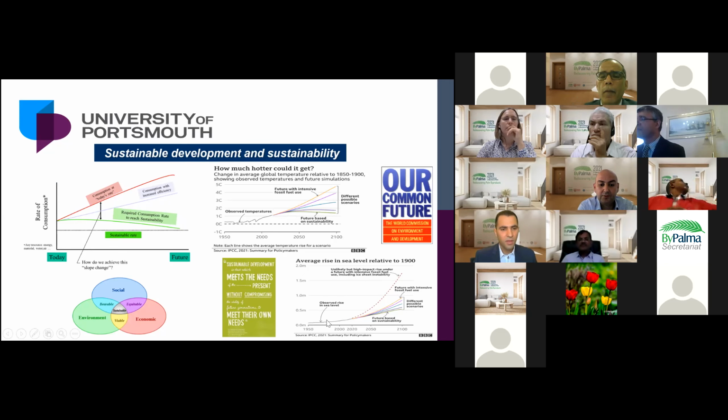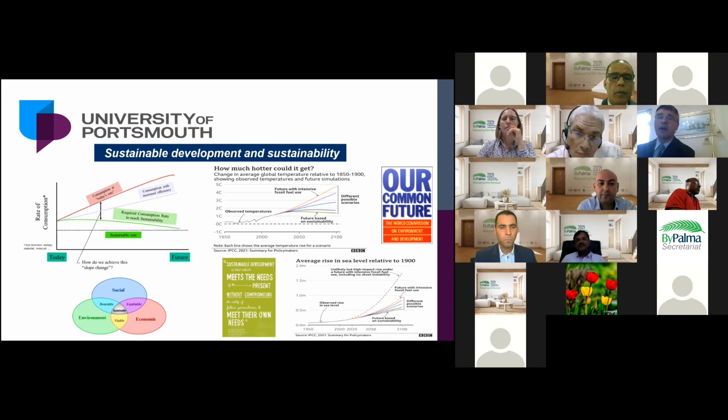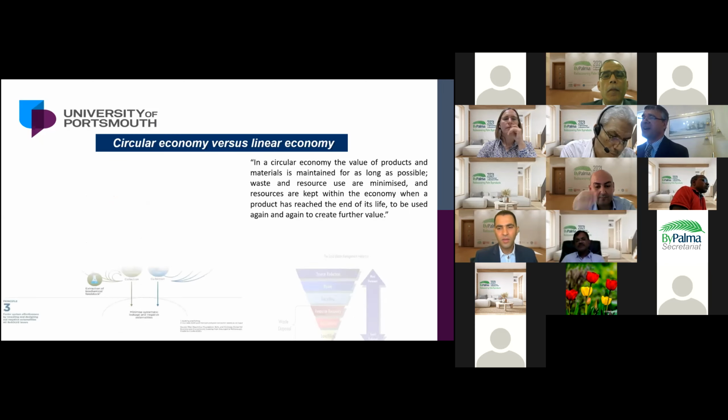The temperature rise, and so on, has caused a massive awareness that our current research has to be directed towards sustainability. That's what I would like to share from this particular slide. Social, environmental, and economic aspects are very important when we are looking at sustainable materials.